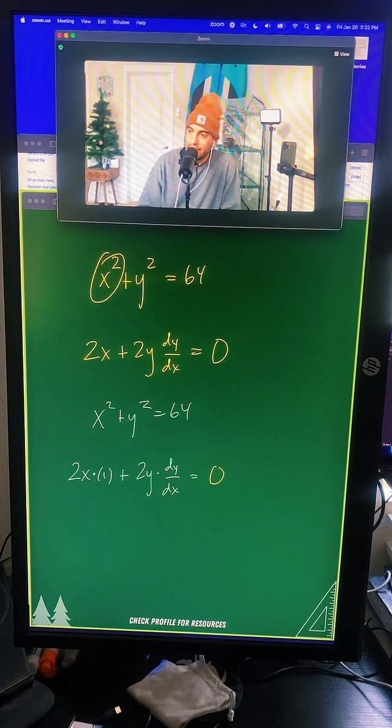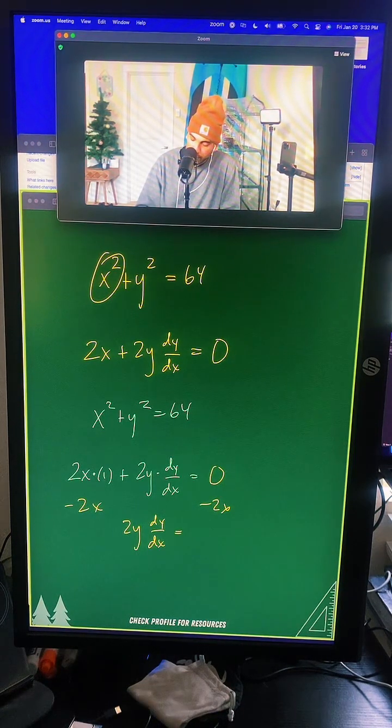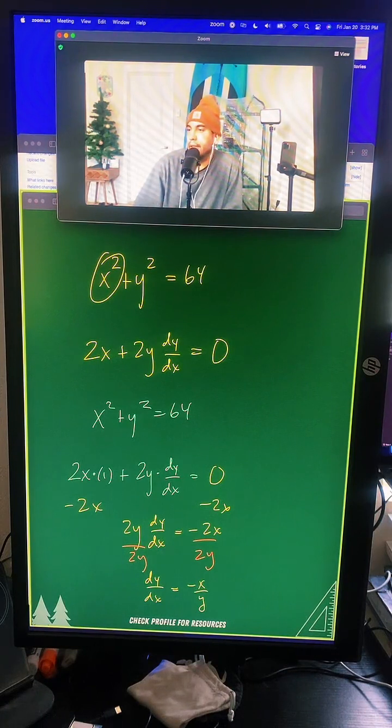We want to isolate the dy/dx, so we subtract the 2x to the other side, and we're left with 2y dy/dx equal to negative 2x, and then divide both sides by 2y. We get dy/dx is equal to negative x over y.